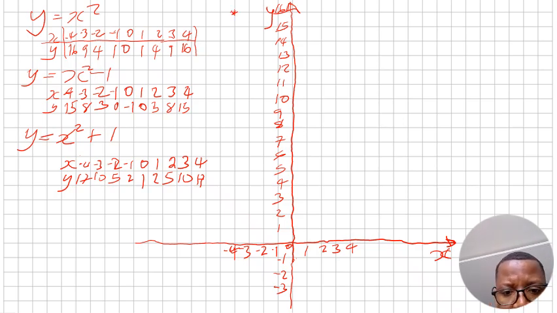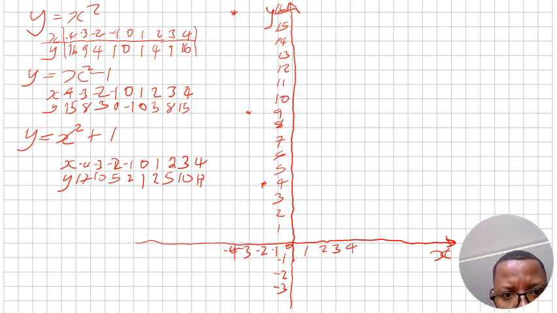When x is equal to -3, y is equal to 9, that's where +9 is. When x is equal to -2, y is equal to 4. So 4 is there.